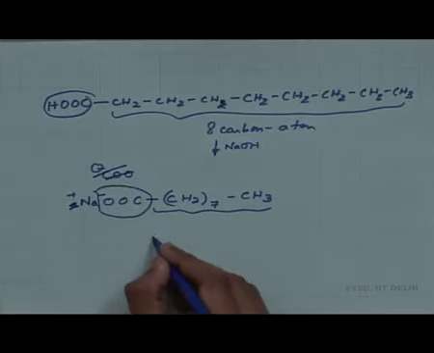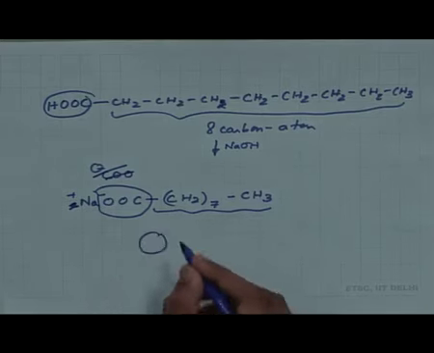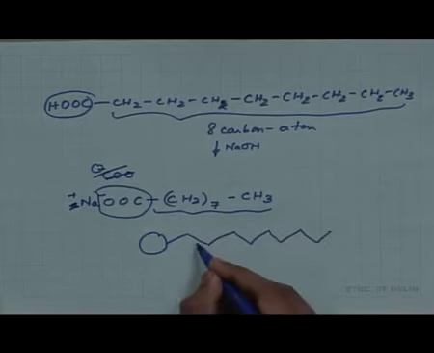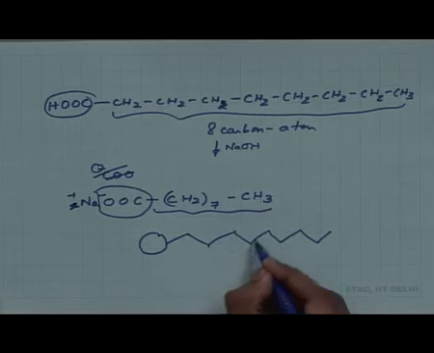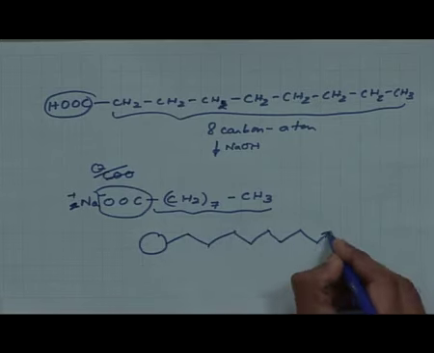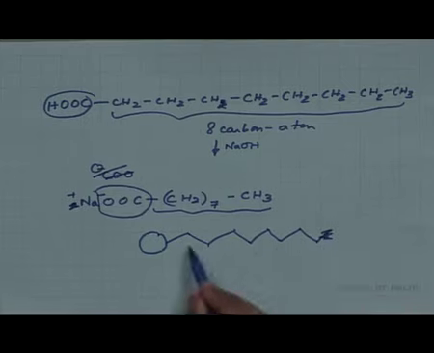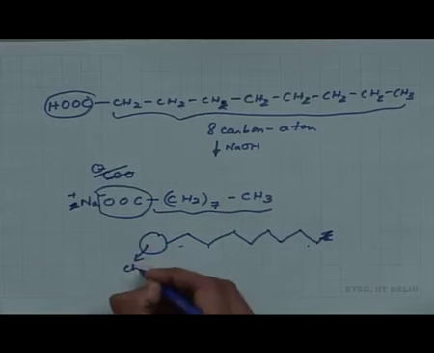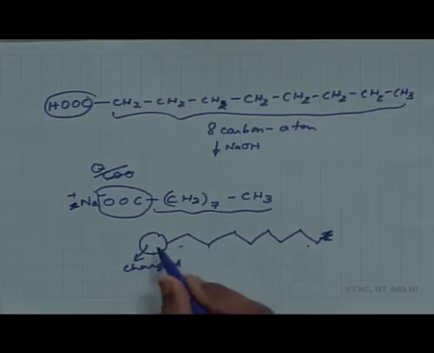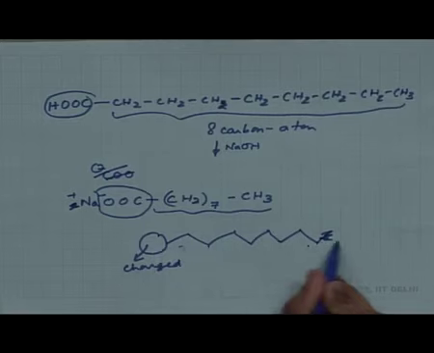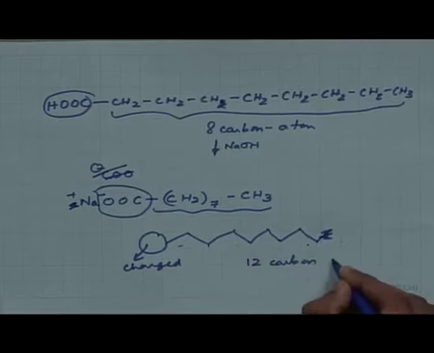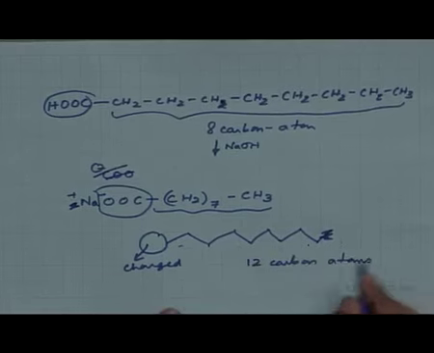So, I can represent this schematically as a charged head group like this with a tail like this. Now, these numbers you have to appropriately match 1, 2, 3, 4, 5, 6, 7, 8. So, I have an 8 carbon fatty acid chain and a head group, and this is charged. If I take this or something like this, I could make this long chain fatty acid even longer. So, sometimes you will see 12 carbon atoms. If you have 12 carbon atoms, this is called dodecyl.